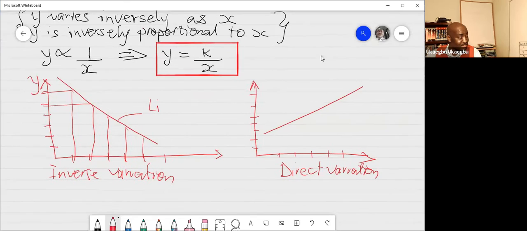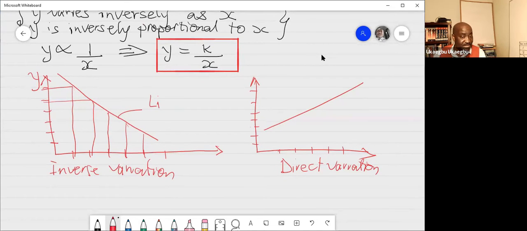Okay, so now let's look at a real life example. Everybody pay attention. I'm just going to read this example, I cannot write all of it. A company has found that the demand for one of its products varies inversely as the price of the product.